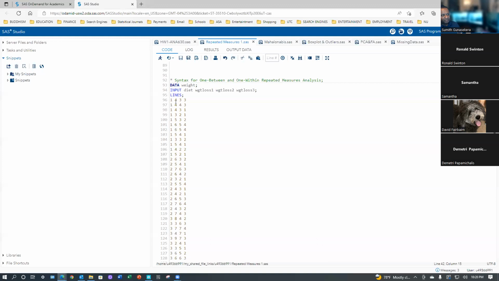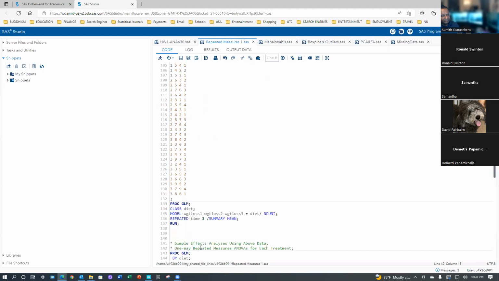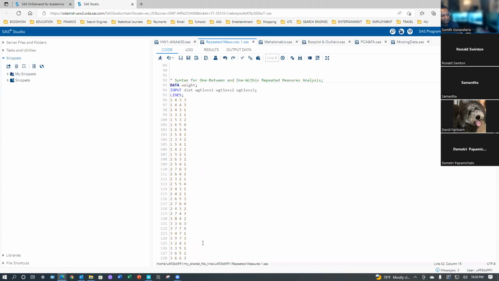So you're going to measure the weight loss for a given person for the first treatment, the second treatment, and the third treatment, which is a control group. This is how the data will be taken.